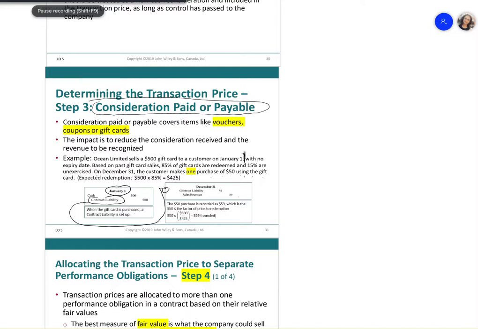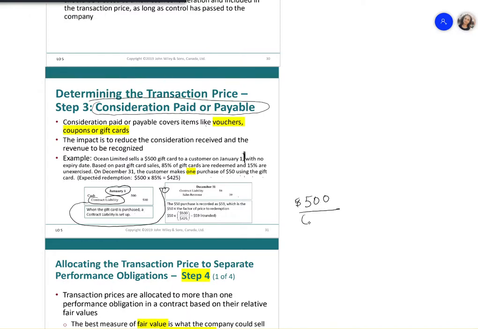We sold a gift card for $500. We know that 85% of the gift cards will be redeemed and the rest will not be redeemed. So 85% will be due. The total gift cards were 100%, which was $500.